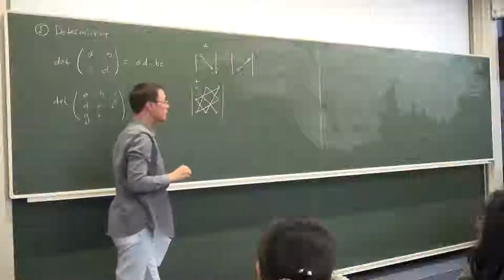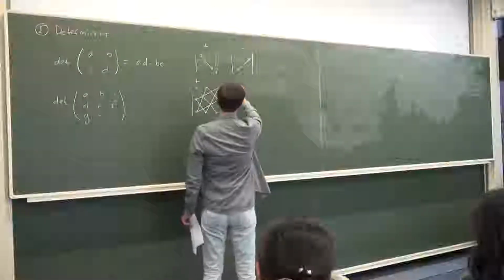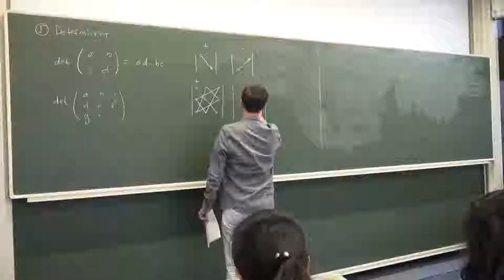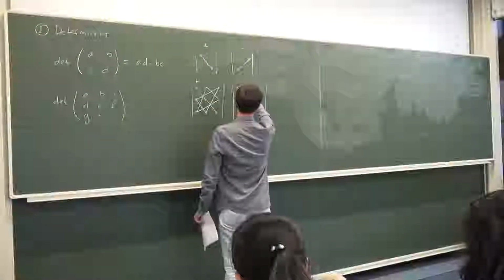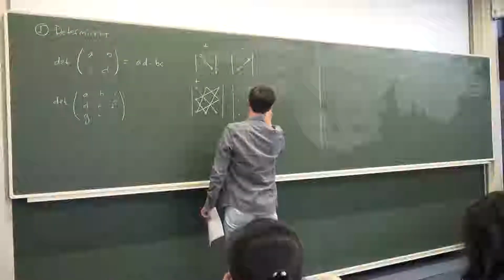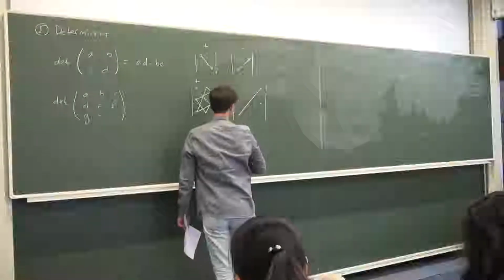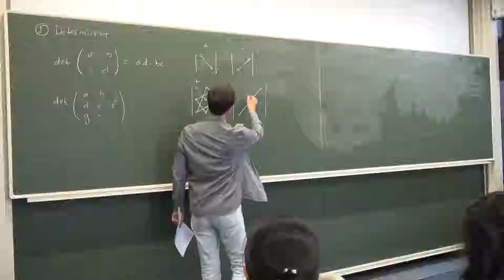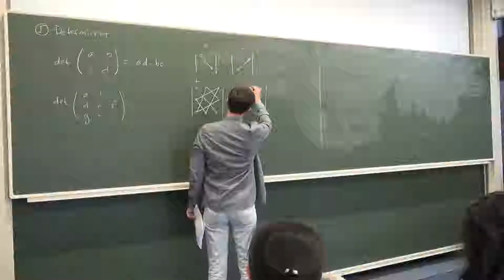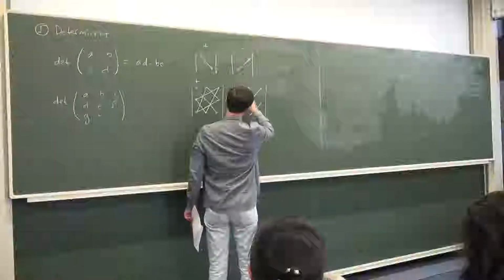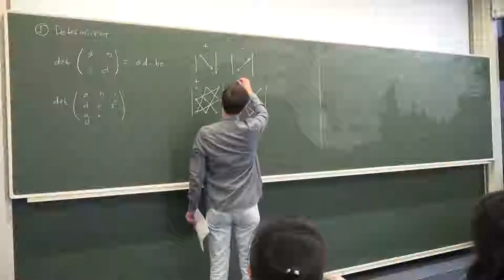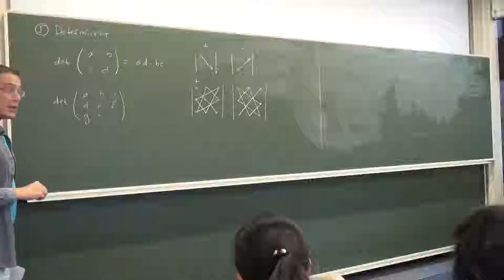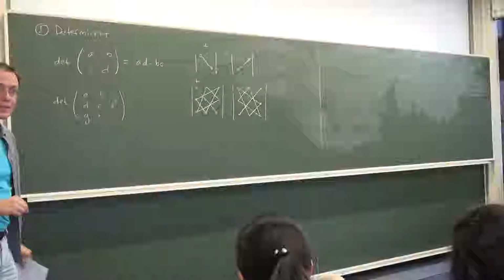That goes in with a plus, and then the product of the elements on the counter diagonal, that, and that. This product, and the triangles with the bases which are parallel to the counter diagonal, goes in with the minus sign. That's the best way I know to actually memorize this.